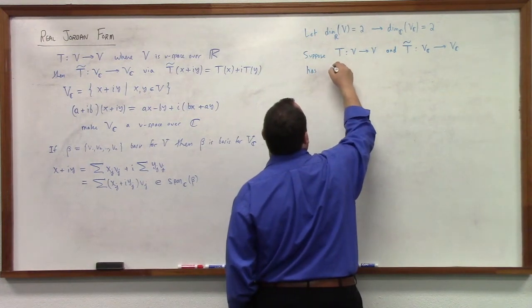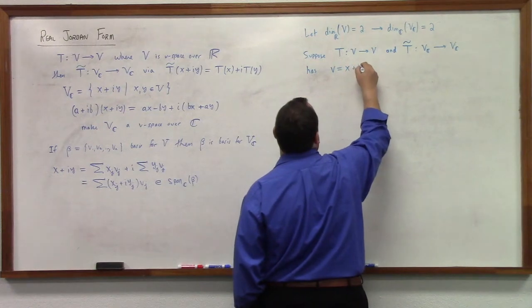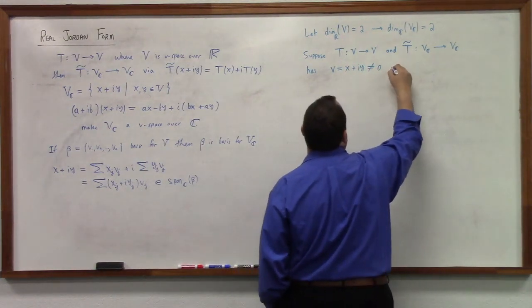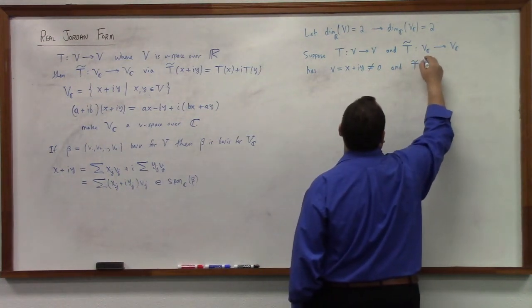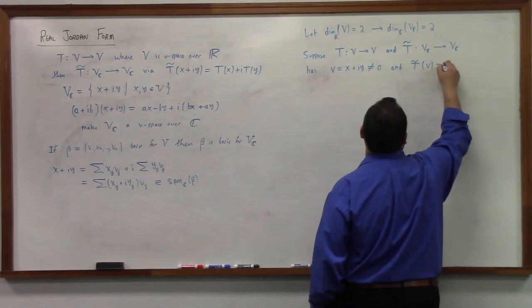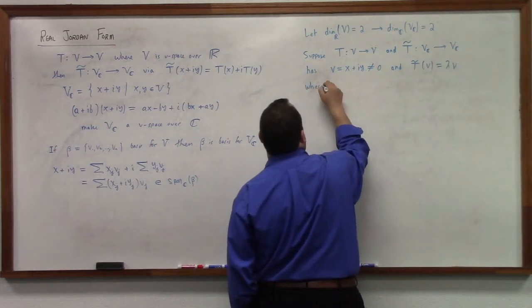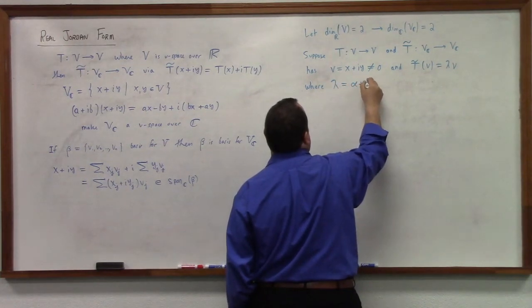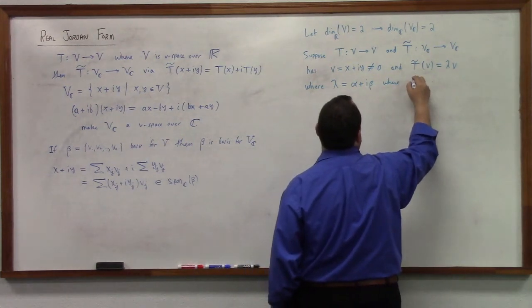So let's say v equal to x plus iy, not equal to 0, and T tilde of v equals lambda v, where lambda is not just any eigenvalue, it's alpha plus i beta, where beta is not equal to 0.